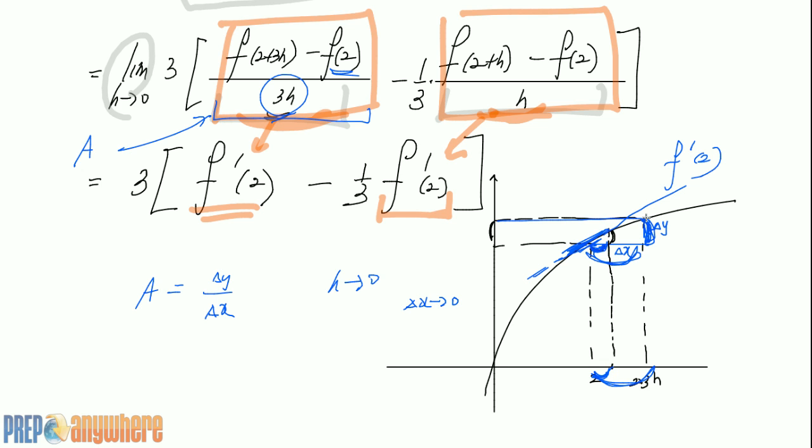But now, this over this, as well as that part over that, they're both approaching the derivative at 2.